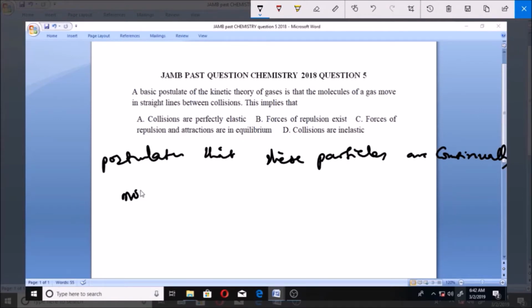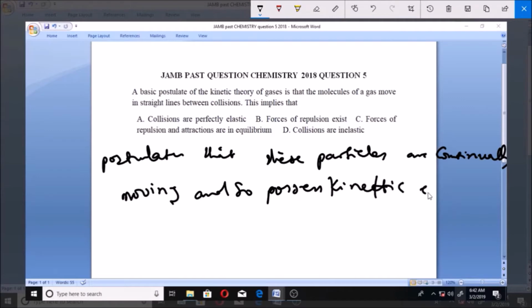The particles of the gases are continually moving, and therefore they possess kinetic energy.